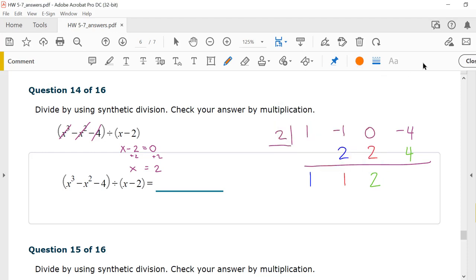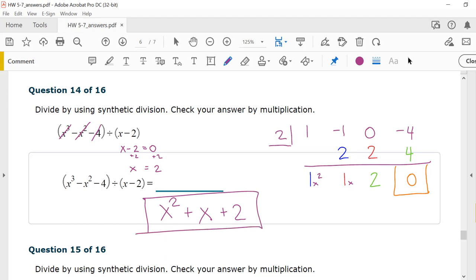Negative 4 plus 4 is 0. Look, I have a 0 remainder. So my answer is x squared plus 1x plus 2. That's my answer.